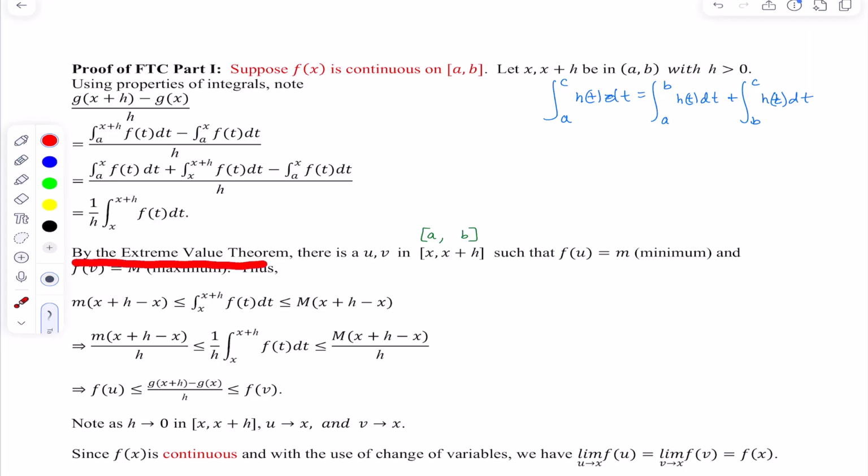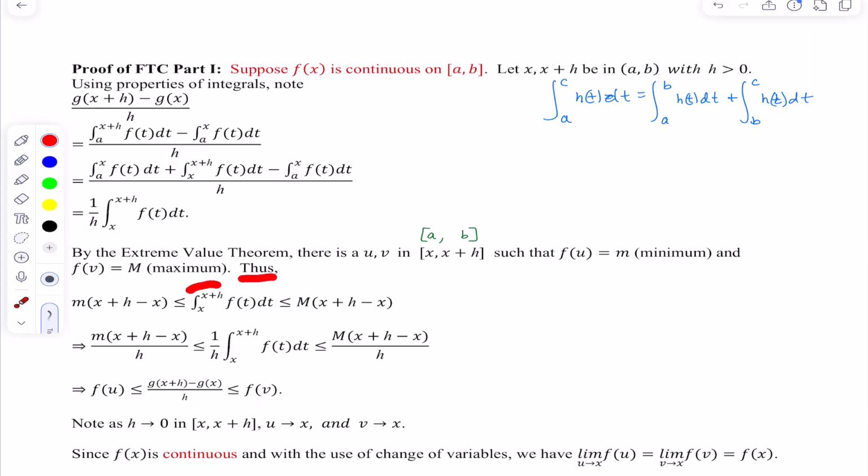By the extreme value theorem, we know that f of x is continuous on a closed interval. That means there is a u and v in this closed interval [x, x plus h], such that f of u equals lowercase m and f of v equals uppercase M. The uppercase M resembles a maximum, the lowercase m resembles a minimum.